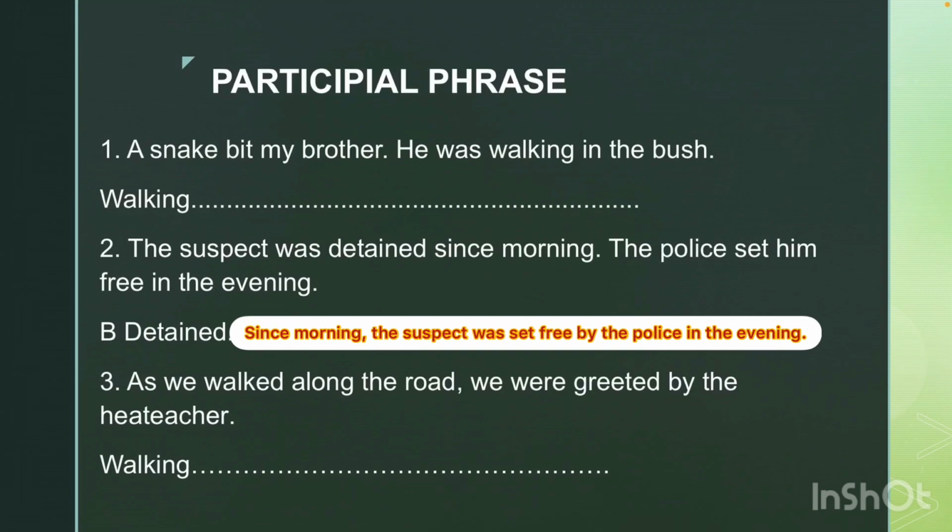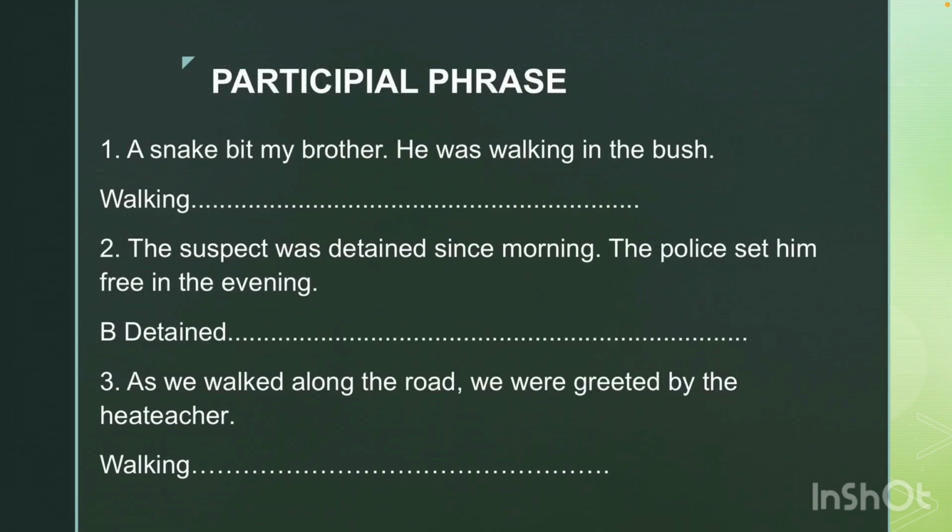As we walked along the road, we were greeted by the head teacher. Walking. Let's go to the question. Where is walking? Where has this verb been taken from? It has been taken from walked. Now it has been changed in the answer to present continuous form.